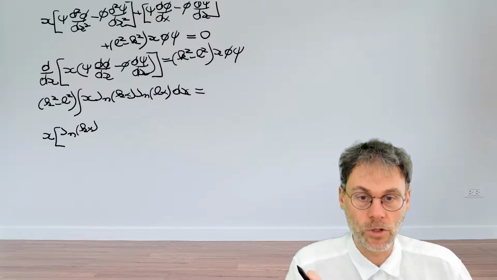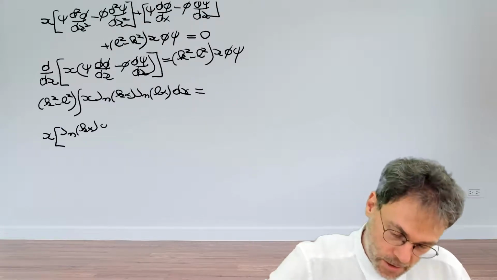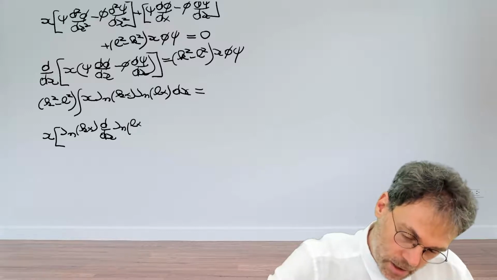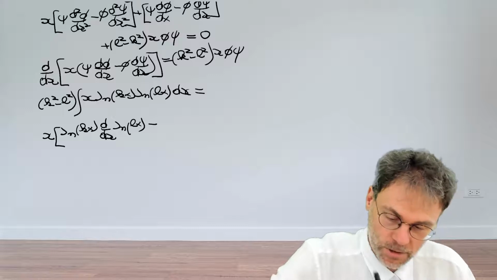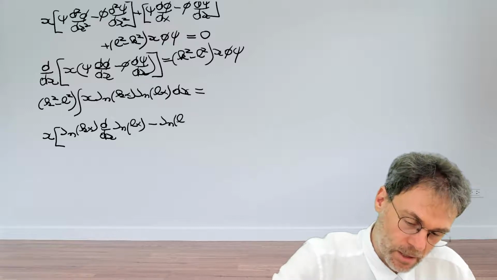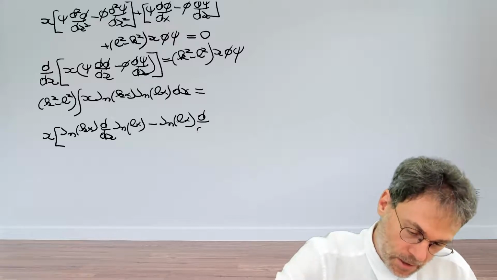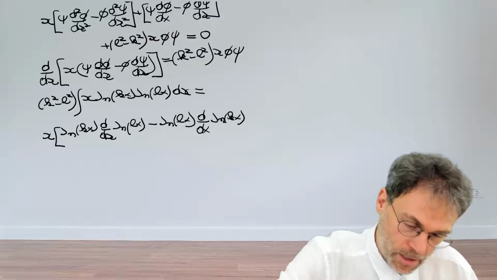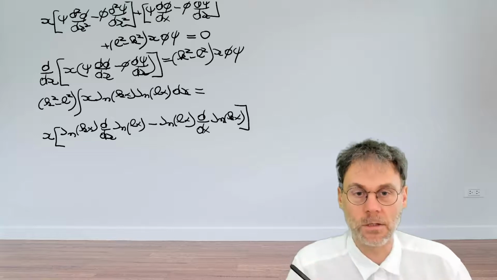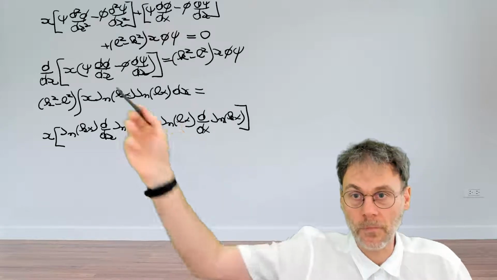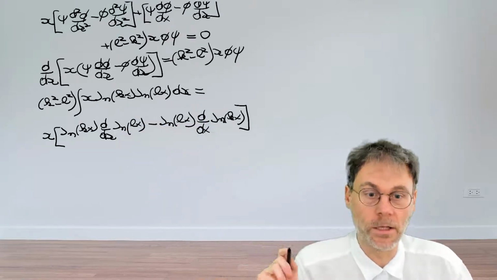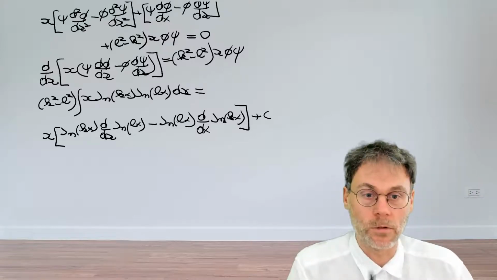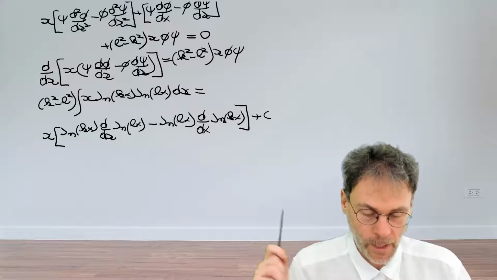Okay, so J_n(kx), and then d/dx of J_n(lx) minus J_n(lx) d/dx J_n(kx). Okay, so that's the left-hand side after taking the integral. Plus, of course, an integration constant, but let's not bother about this thing here.